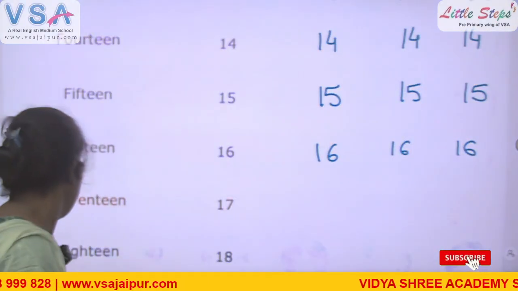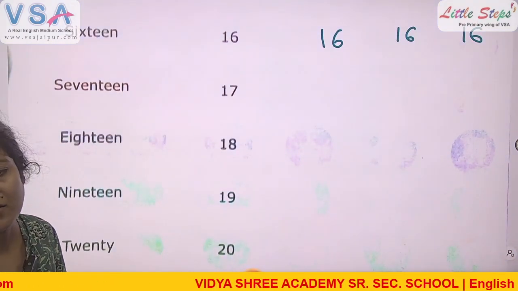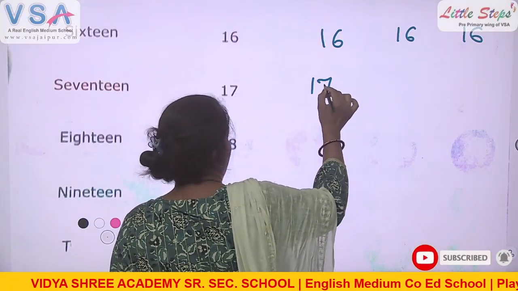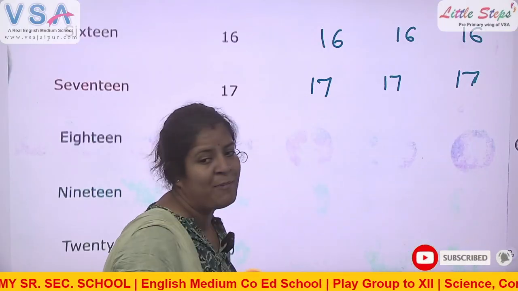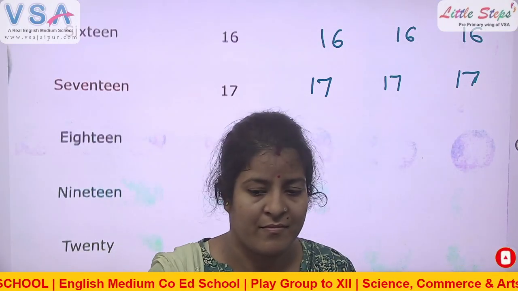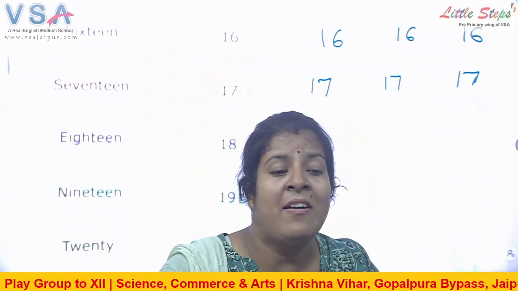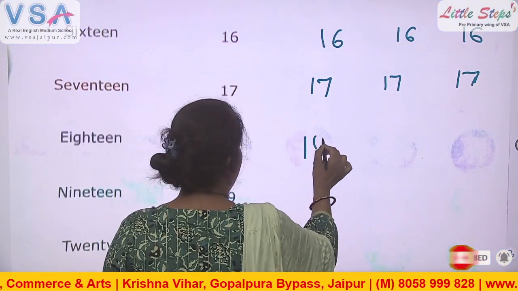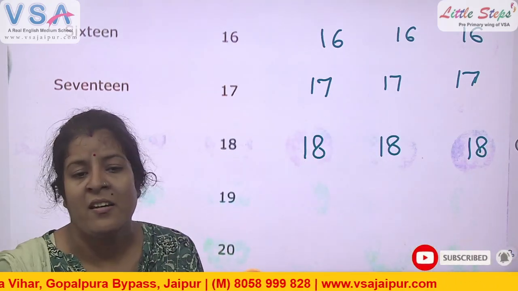Okay. Next number. First class, look at the board. 17. The number is 1, 7. And what is the spelling of 17? S-E-V-E-N-T-E-E-N, 17. Next number, and what is the spelling of 18?